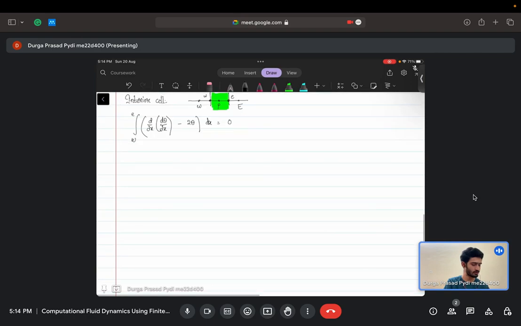So the first term is west to east of d dx of d theta dx, and then you have west to east of 2 theta dx equals 0.